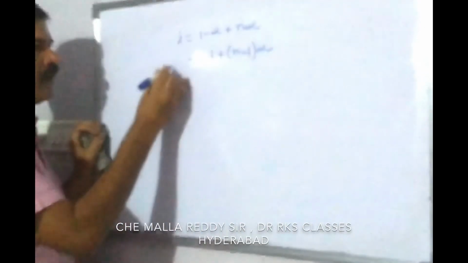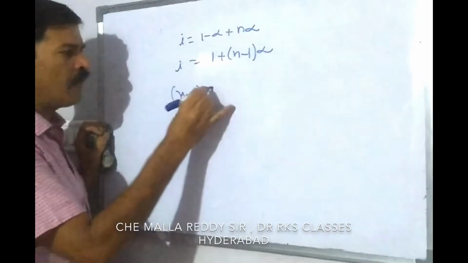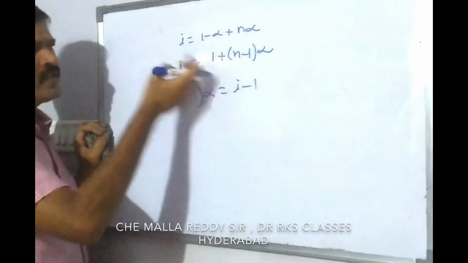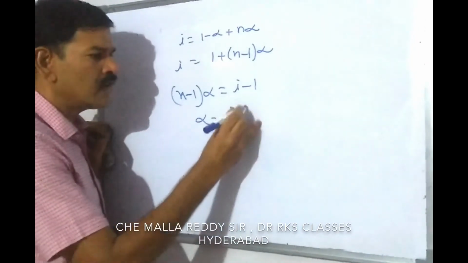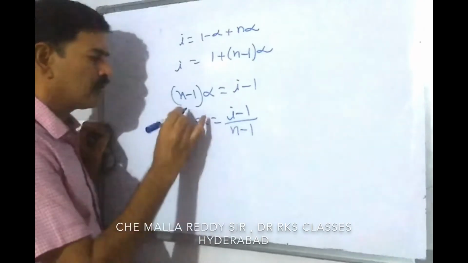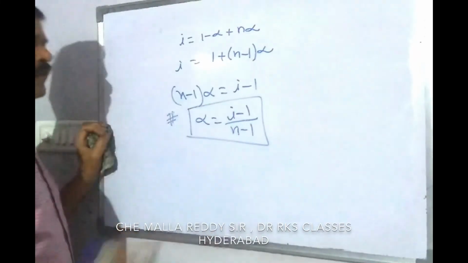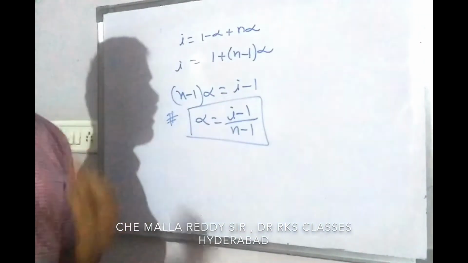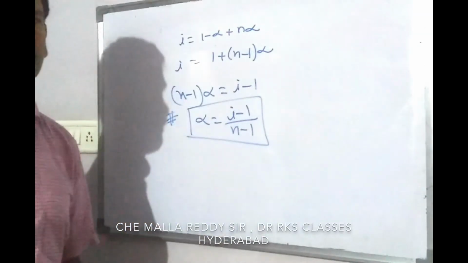Just here n minus 1 into alpha is equal to i minus 1. This one is shifted to here. Now here alpha is equal to i minus 1 by n minus 1. This is an important relation. This is the relation between degree of dissociation and van't Hoff factor. Here alpha is nothing but degree of dissociation.